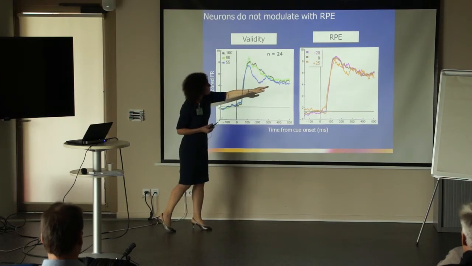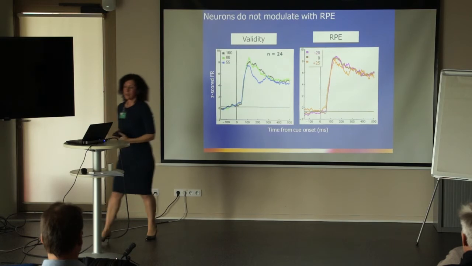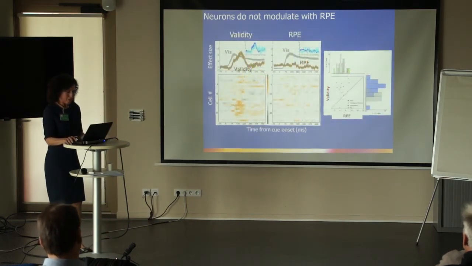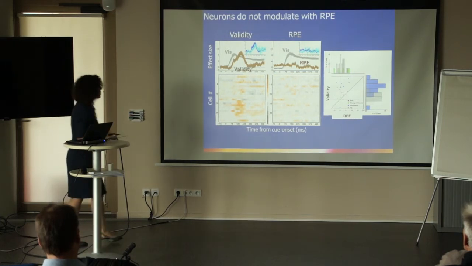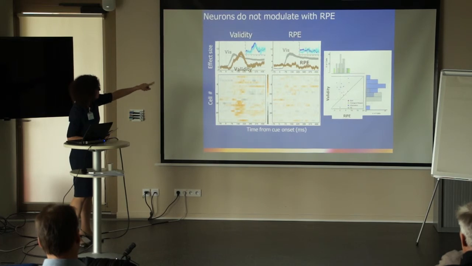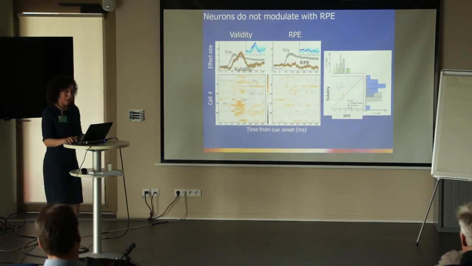And those are cues of a constant validity with different reward prediction errors. And we don't see much of an effect. Okay, and here's just the quantitative analysis. You can see it's very consistent across cells, and across the two monkeys are shown up there in the insets with the two blue colors.